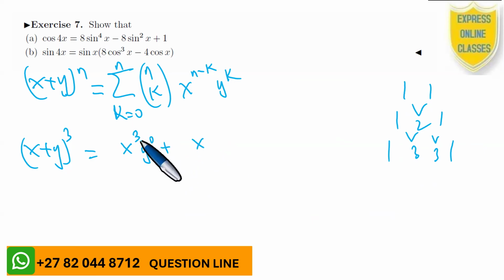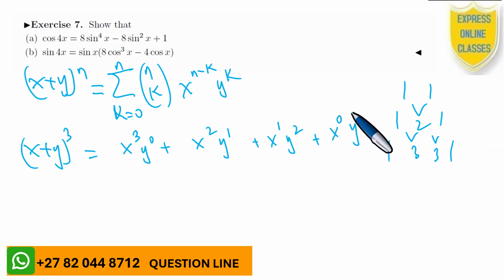Then the powers of x decrease by 1 and the powers of y increase by 1 each time.